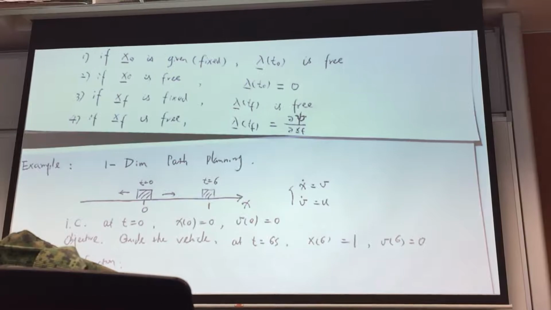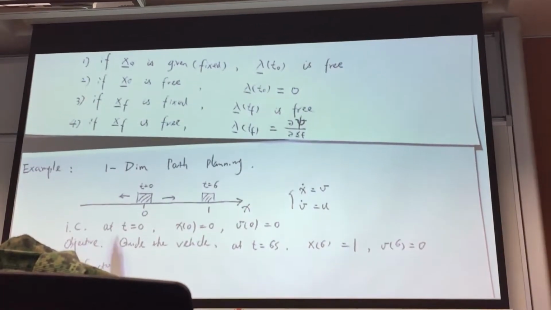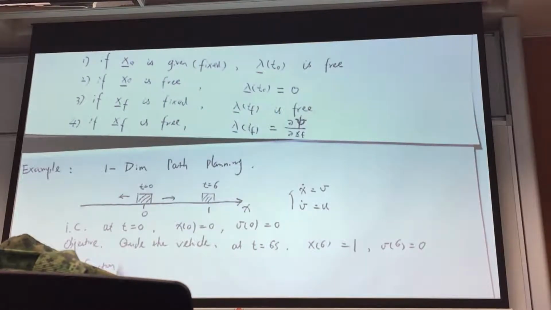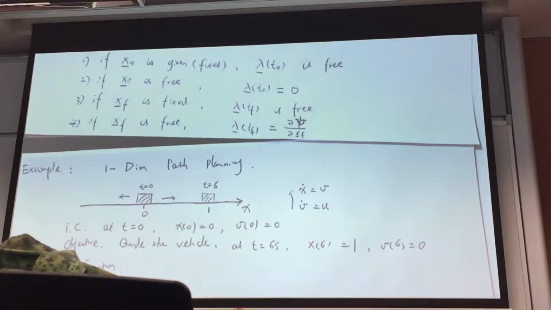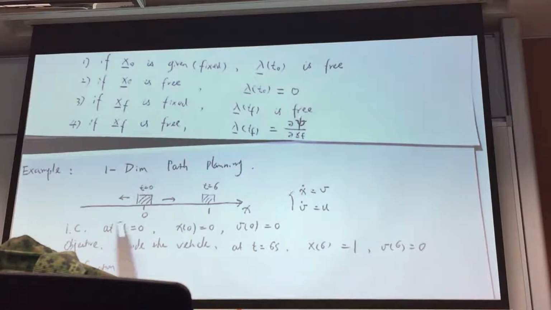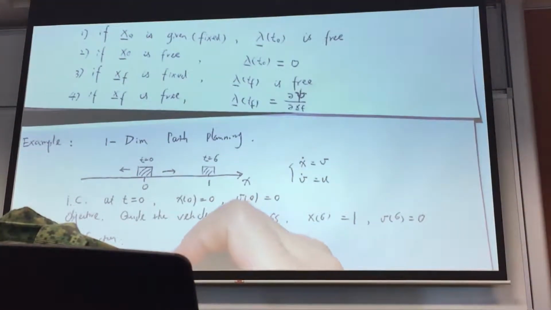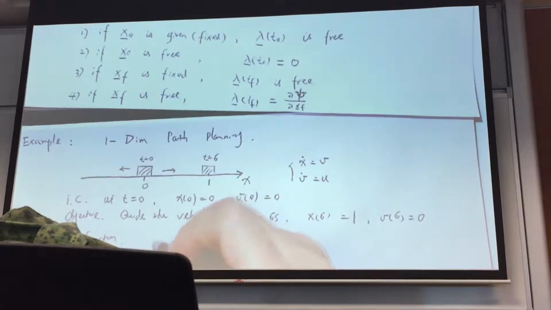Even for the same objective, the cost function could be very different. You can define different cost functions to represent what quantity you want to optimize. Assume in this problem we remain the same cost function. We want to minimize the control energy.